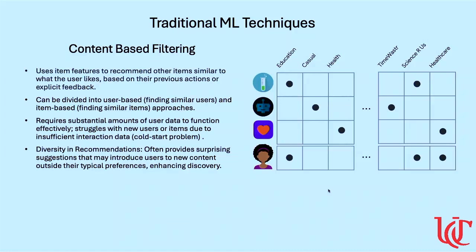If a user visits my website for the first time and I don't have any historical data on them, this approach is going to struggle. Eventually, once the user comes and interacts, they give some sort of signal, and we are able to modify our recommendations based on their preferences.